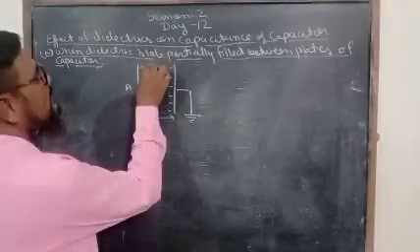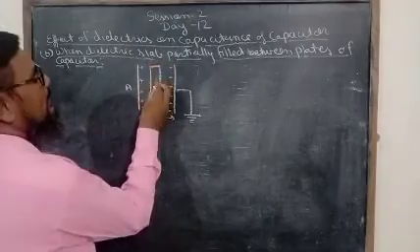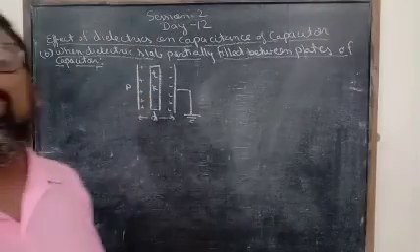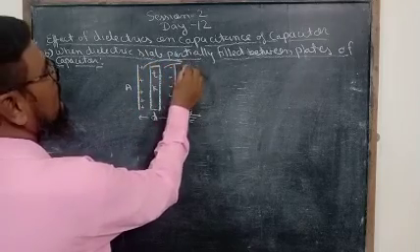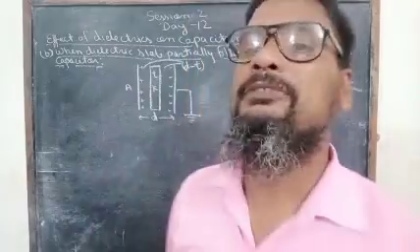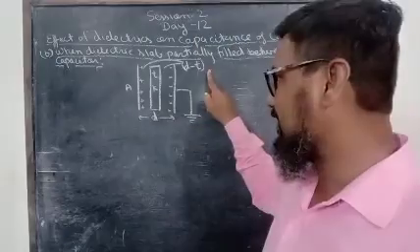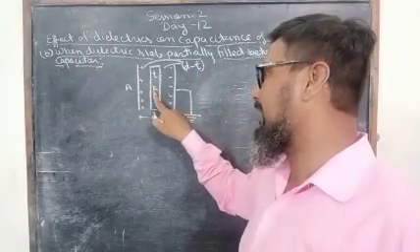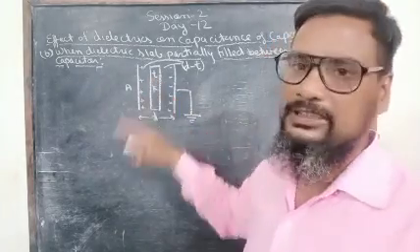A dielectric slab of dielectric constant K and thickness T is placed between the plates, and the space D minus T between the plates is empty. So the D minus T space is empty space, and a dielectric slab of dielectric constant K and thickness T is placed between the plates.